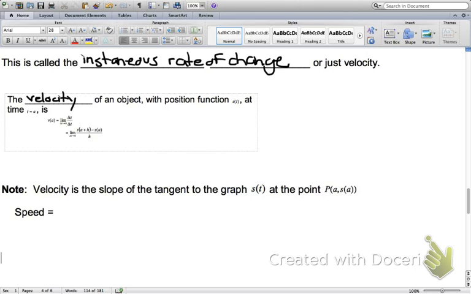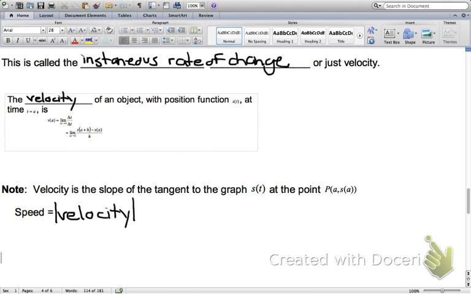We can do it the same way that we were finding the slope when finding our tangent. So note here that the velocity is the slope of the tangent to the graph of s at t at point P, a, s at a, where our speed is the absolute value of our velocity.